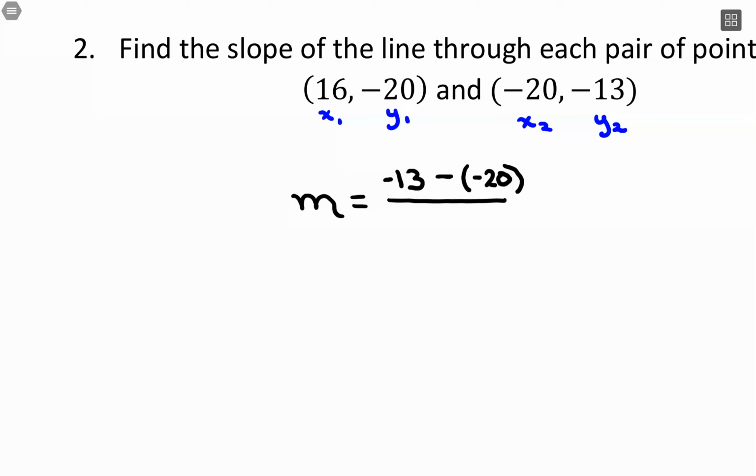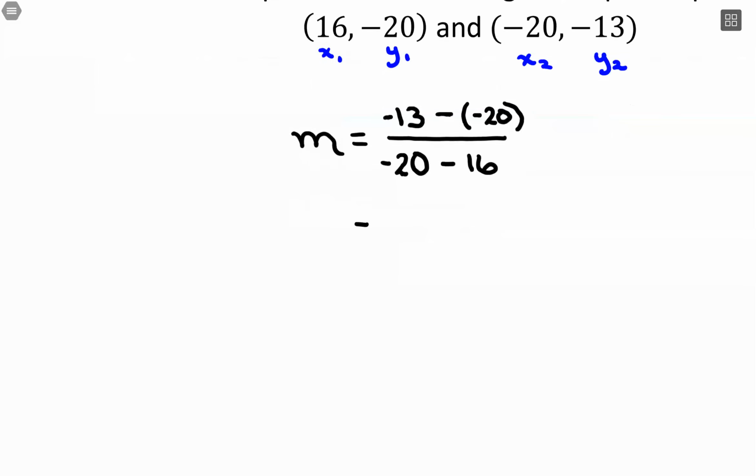And then I'm going to do the same thing for the x values. Now, like I was saying before, make sure it lines up that those two values come from the same point. So negative 13 goes with negative 20. So I'm going to plug in my negative 20 from that x2 value minus, and then it's a positive 16. And then we just start simplifying. So in the numerator, I'll have negative 13 plus 20.